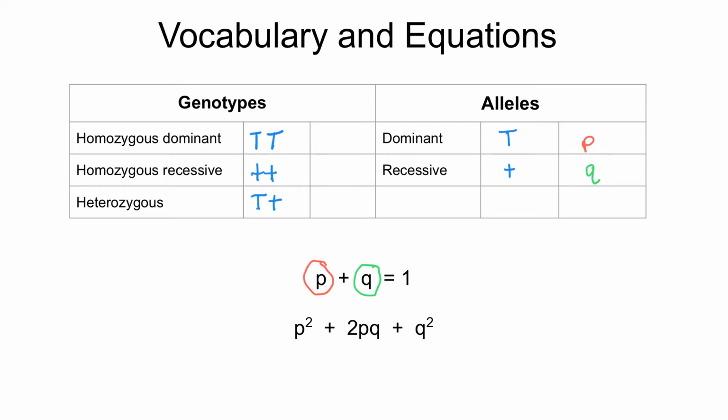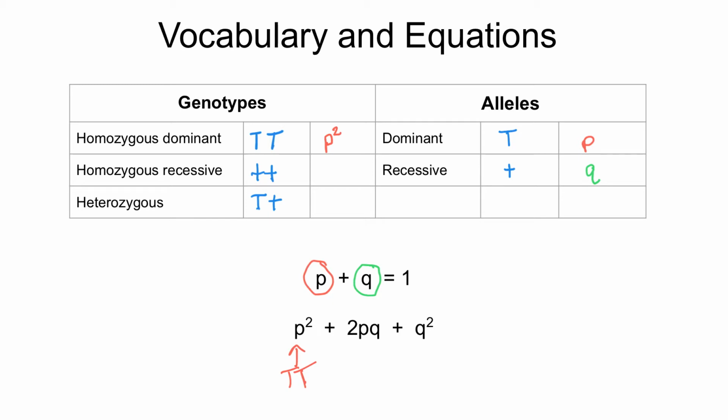Now, down here we have P squared and Q squared. So P squared is going to be representing the homozygous dominant genotype. So this would be a genotype. So this would be big T, right?